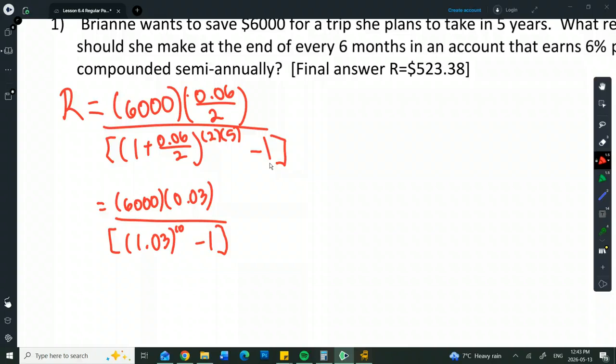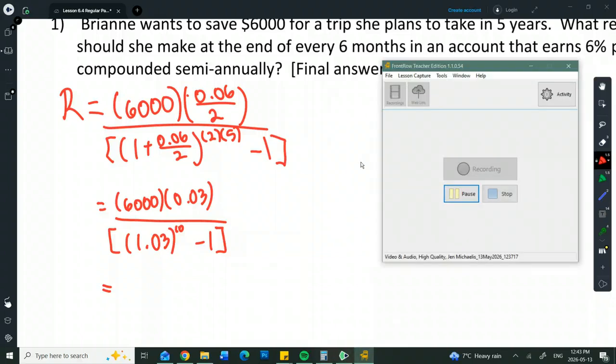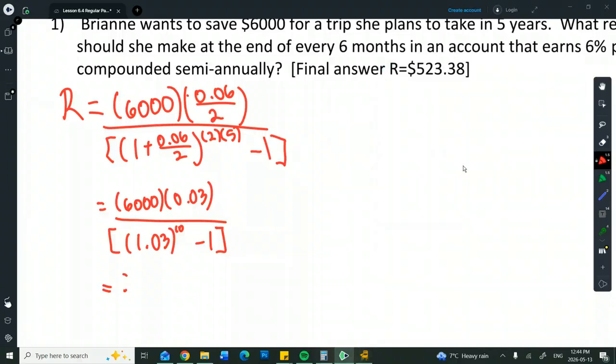Okay, so if you're watching the lesson video, you can pause now and do this calculation. $523.38. And can you tell me what this represents?